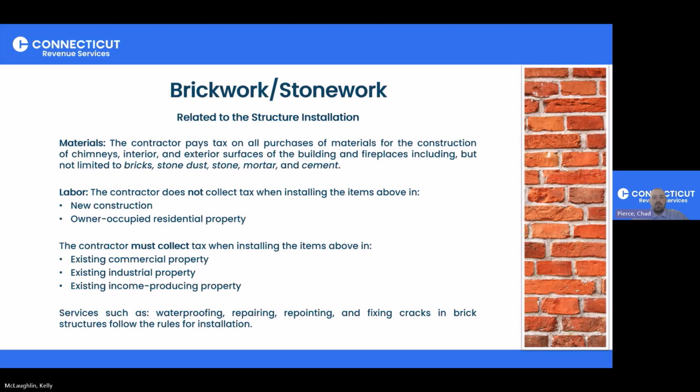The reason why is because when they're purchasing these materials, they're already paying tax on them. So they're not going to charge tax on them again when they're completing the job. They're just going to collect tax on labor, like I said below. Services such as waterproofing, repairing, repointing, and fixing cracks in brick structures follow the rules for installation.